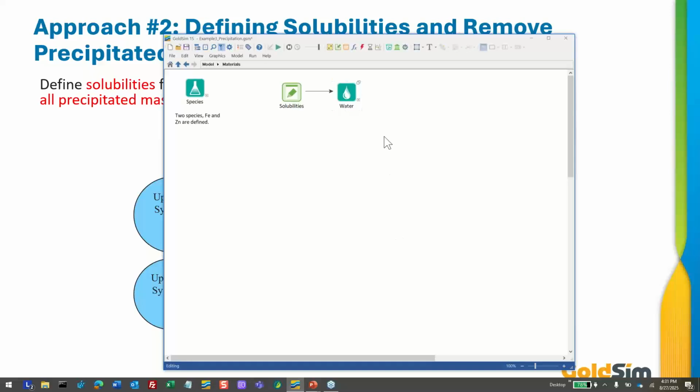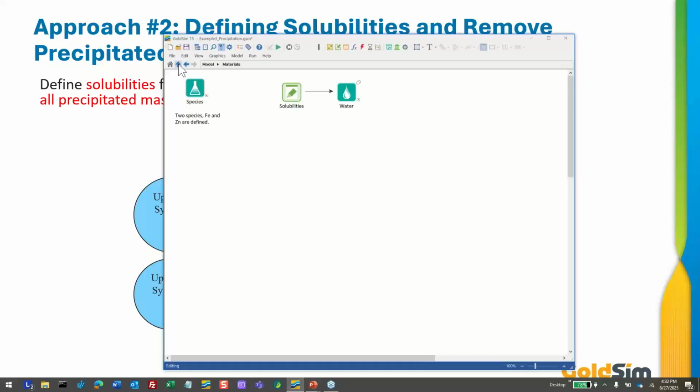The way we're going to do that is we can't just copy the water element or create a different fluid and put it there. We're going to do something called cloning an element, which some of you who have played with GoldSim a lot have done. We're going to create a clone of this element. The way you create a clone, you literally right click on it and you say clone this element. It's going to have the exact same name.